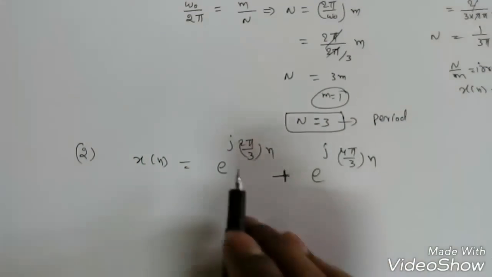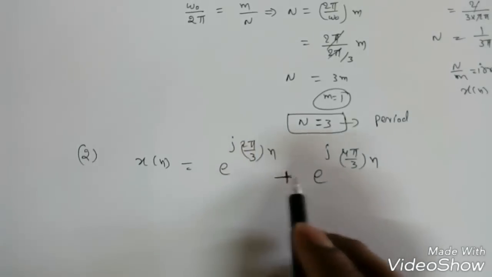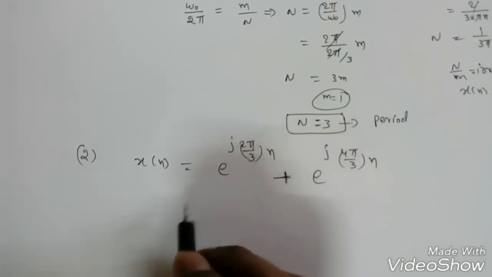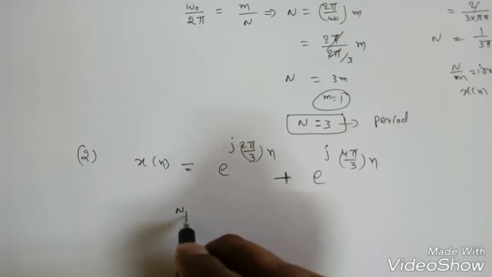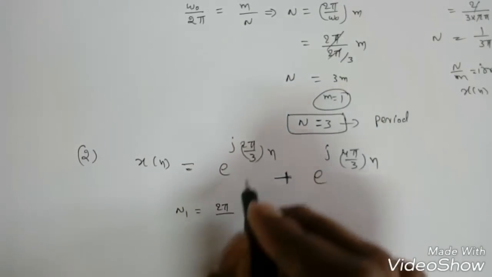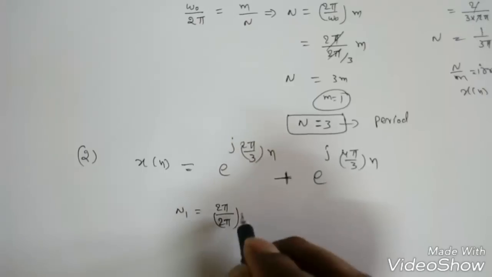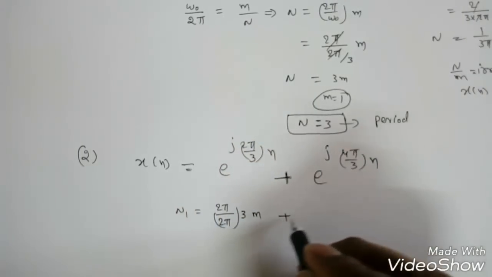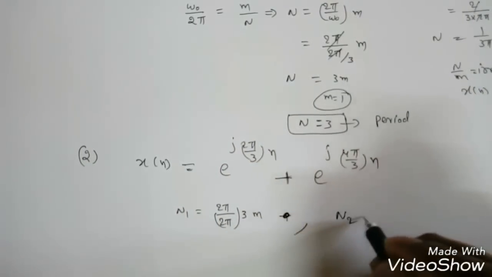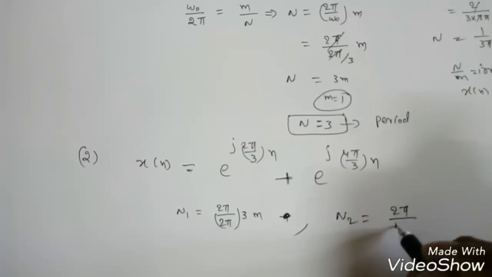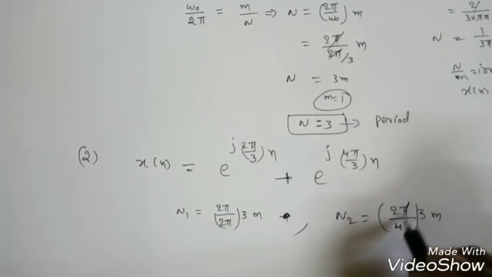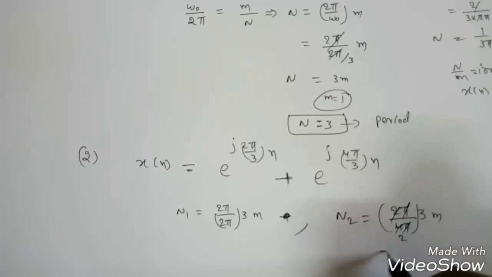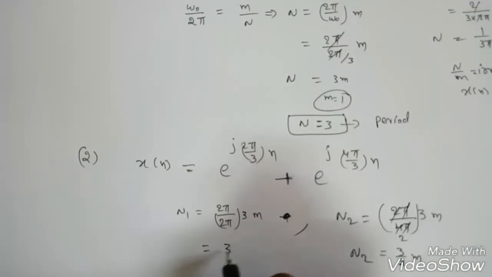So separately we will find the periods, then we take the LCM of those periods. Now what is N1? 2 pi by omega naught, so N1 is equal to 2 pi by 2 pi by 3 into m, and N2 is equal to 2 pi by 4 pi by 3 into m. So what is this? Pi cancel, N2 is 3 by 2 m, and N1 is simply 3m.